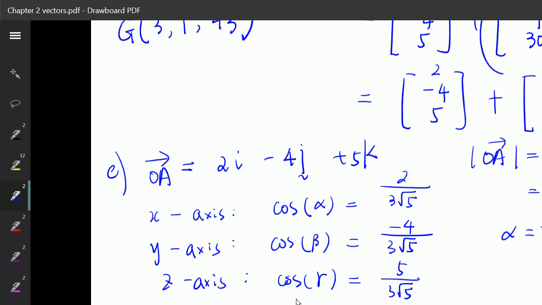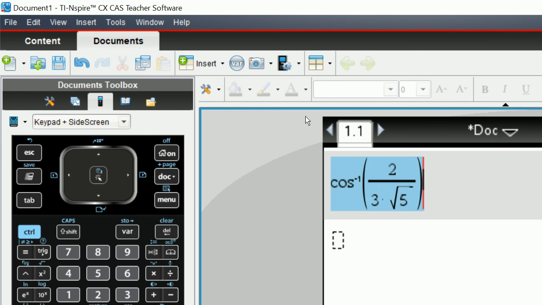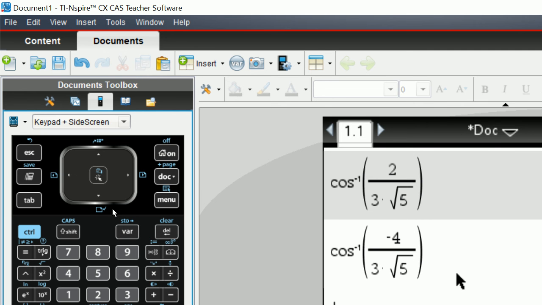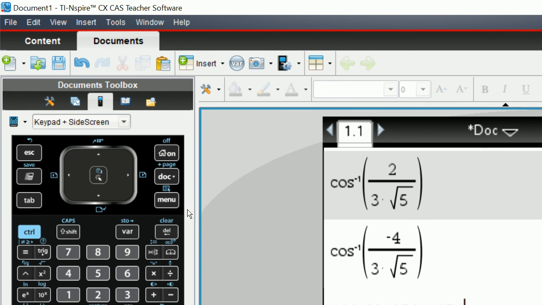Then we have beta. We can copy this down and change that to minus 4. 126, and with more decimals, 126.60.